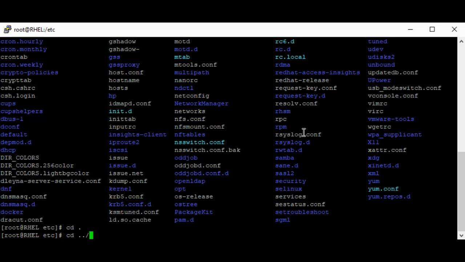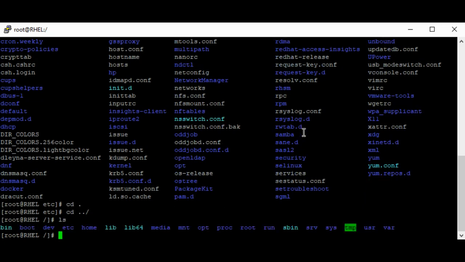The next directory in line is the home directory. This directory contains all the home directories of users. It is the directory where users store personal files like photos, music, documents, desktop, videos, etc. And every user can only access their own home directory, except where the required permission is given to access other users' home directories.